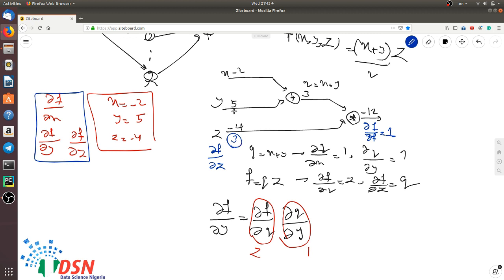So now we could calculate the derivative of f with respect to q, which is -4, right? Because we have these two relations in here.